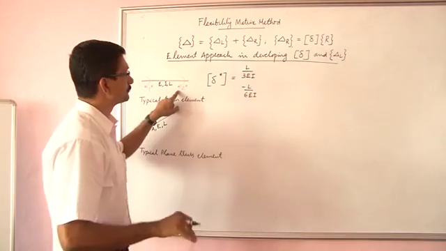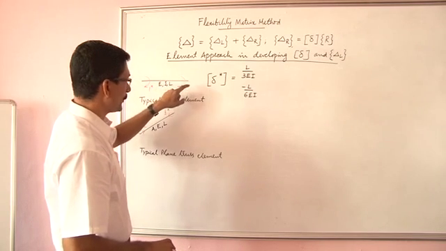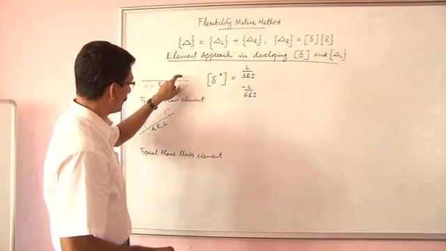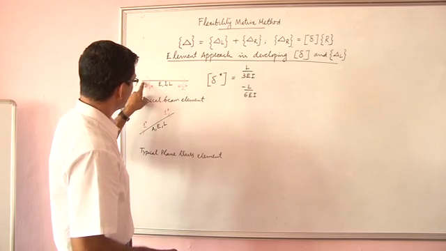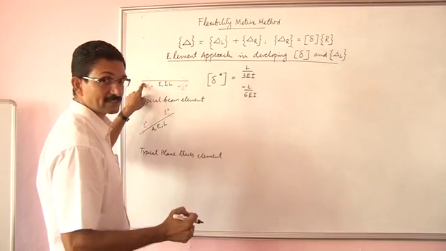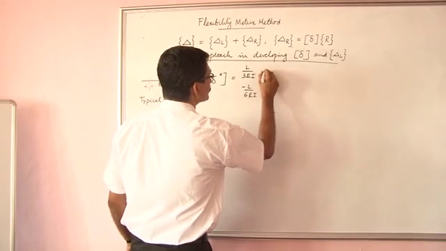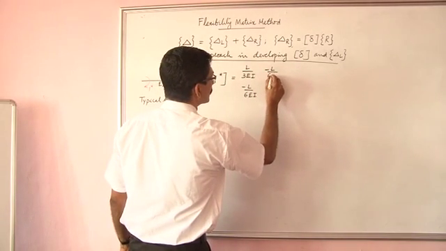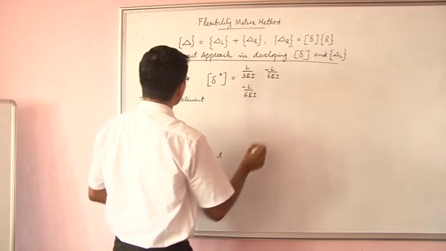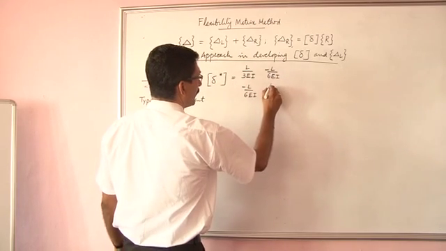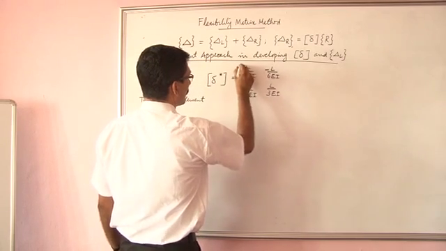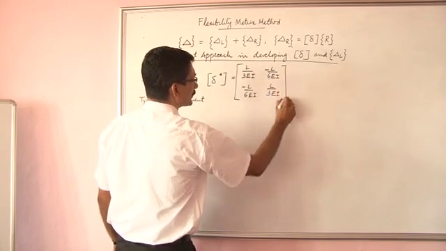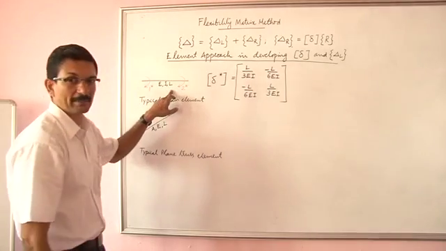The second column would be obtained by applying a unit moment here. The rotation at this end is equal to minus L by 6 EI, and the rotation at this end is equal to L by 3 EI. That is the flexibility matrix for this typical beam element.